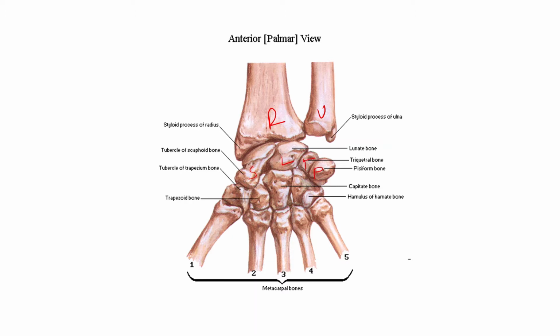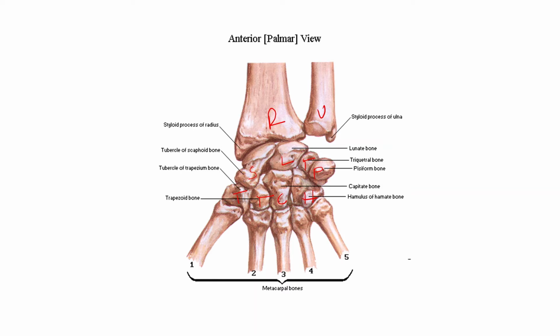The distal row from lateral to medial are the trapezium, the trapezoid, the capitate and the hamate. So these are the carpal bones, arranged in 4 proximal and 4 distal.